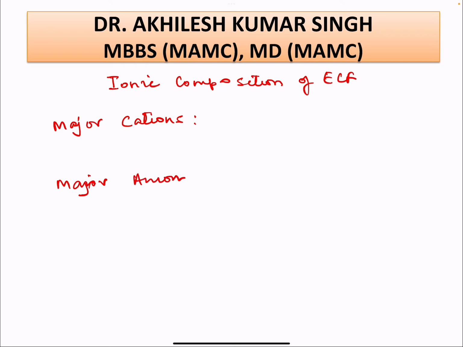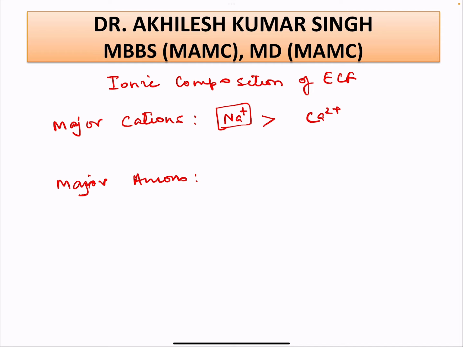The major cations of the ECF are the sodium ion and the calcium ion. Out of these two, sodium concentration is more than the calcium concentration, so sodium will be the major cation for the ECF.